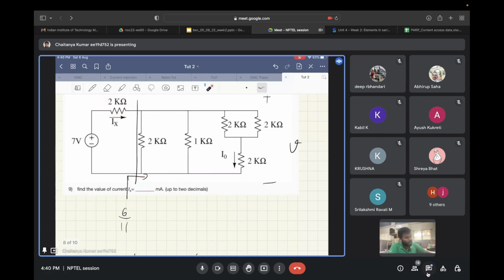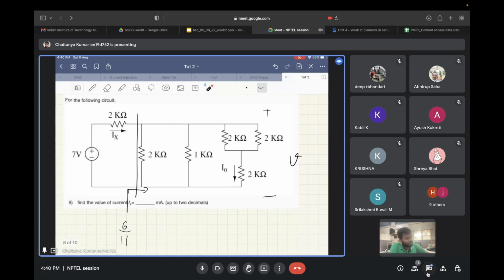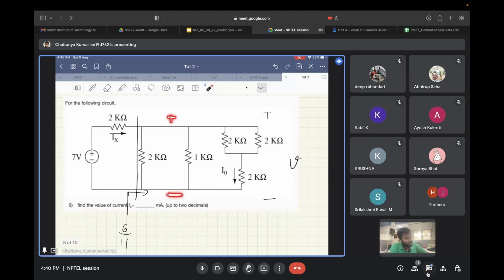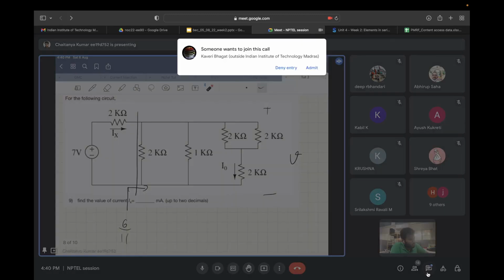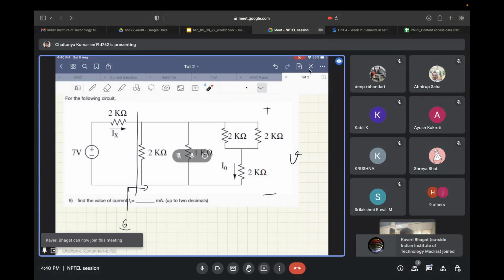So from here you will get the voltage across this particular network, and whatever voltage is developed across this network will be divided by the total resistance in this branch. That will give you the current I naught that is flowing in this branch.